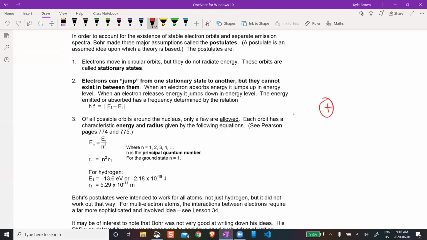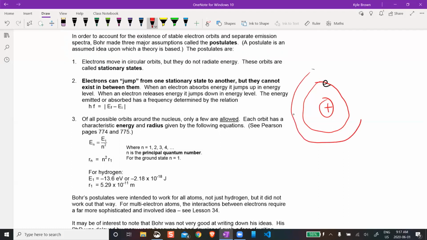So if we're looking at the hydrogen atom, he says, okay, sorry, I'm drawing this at a little different angle, so my circles aren't good circles. We've got our hydrogen atom, that should be a circle, and that's our orbit, right? There's an orbit, and let's say here's another orbit.